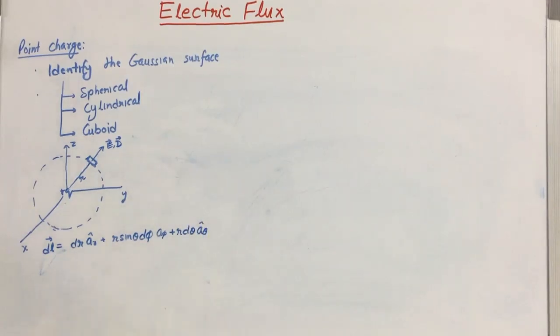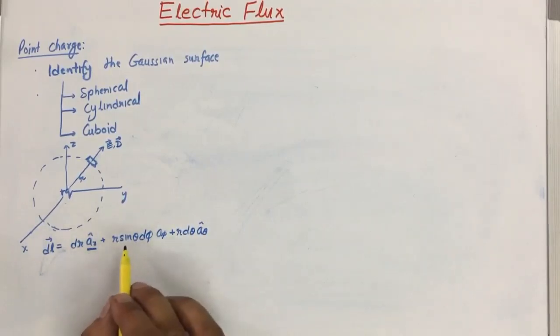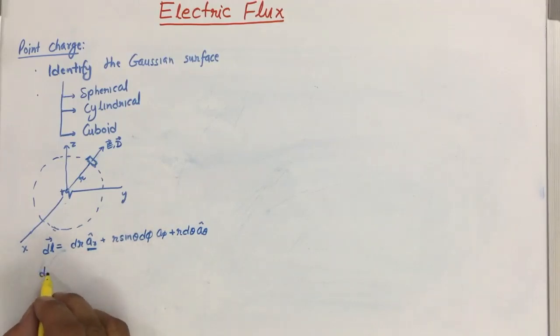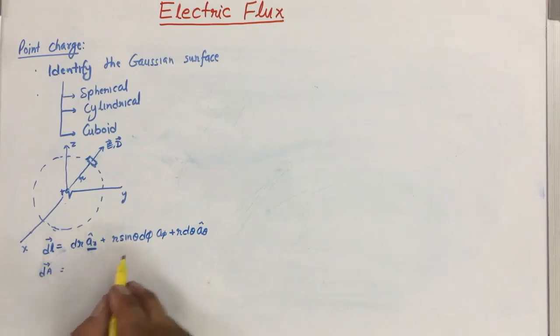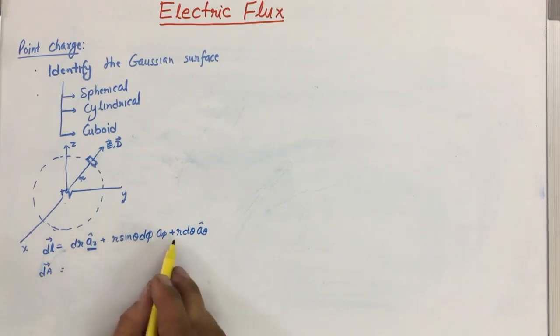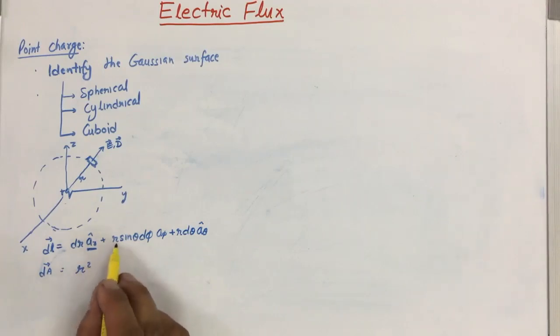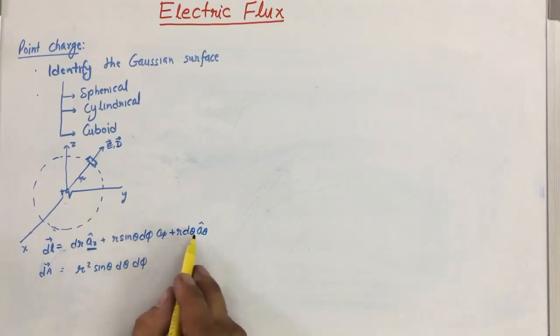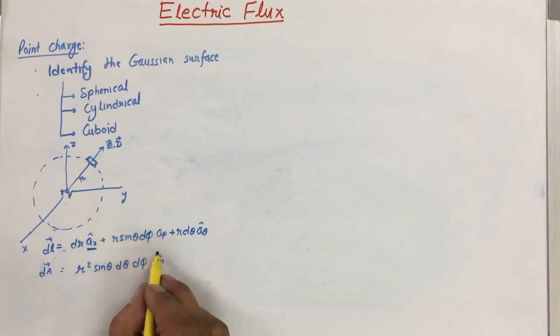And from the differential length, if we wish to find the area vector ds, then we should do the cross product of these two. So dS, or we can say dA, can be the multiplication of this and this, that is r square sin theta d theta d phi, and the cross product of this will give you ar.